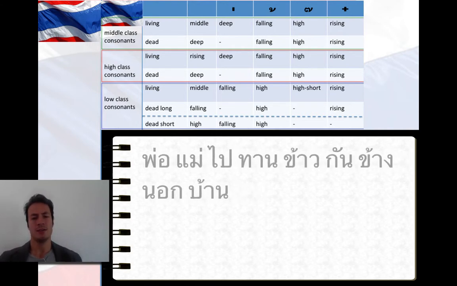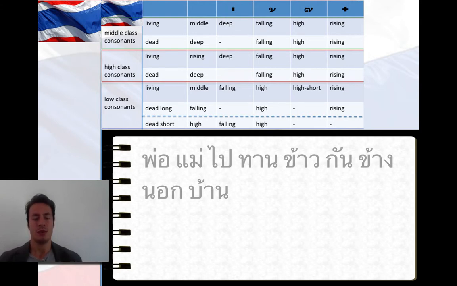A Thai sentence here. It consists of several words. The challenge now is to read this sentence with the right intonation and using the right tones.